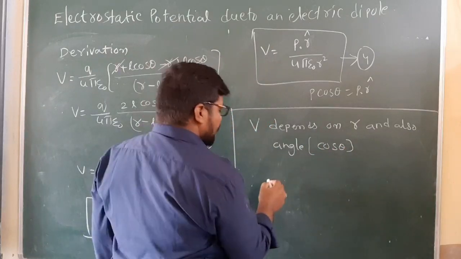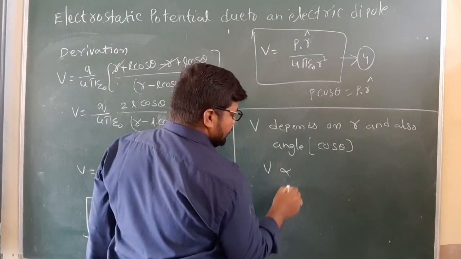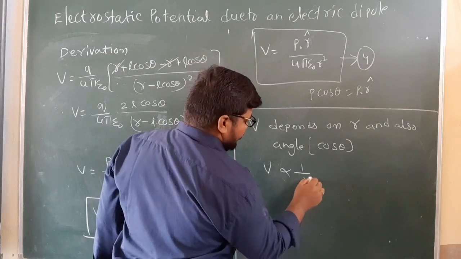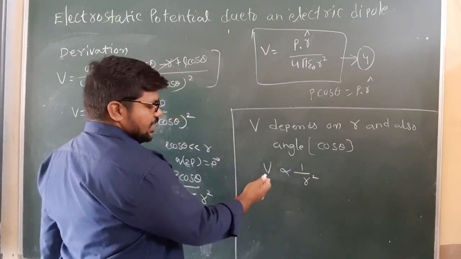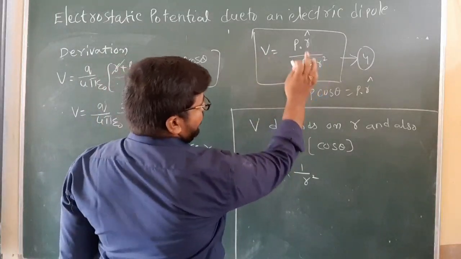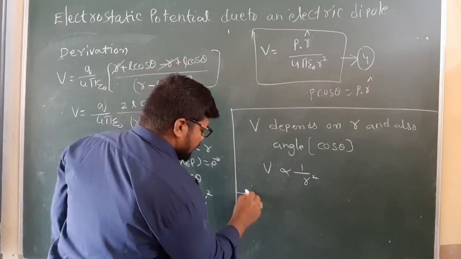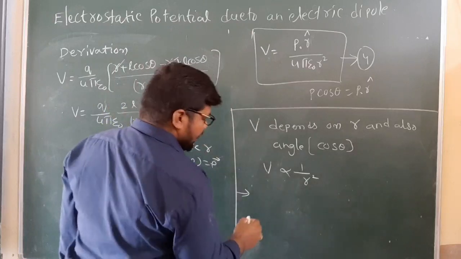V is directly proportional to 1 by r squared. Is it clear?